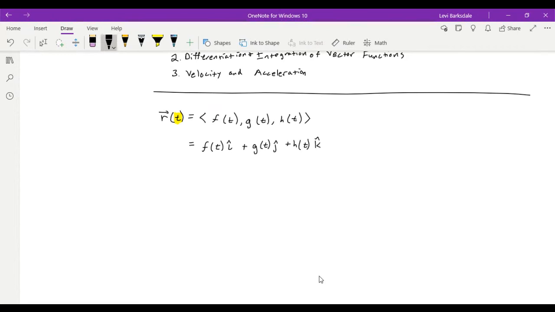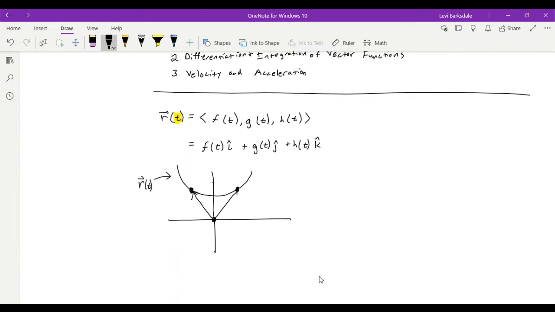So you can think of this vector if we were just looking at two dimensions. Then we have some kind of vector valued function. We'll call this line right here our r of t. Then at any point on this space curve, we would be able to draw a vector from the origin to the point, like so.